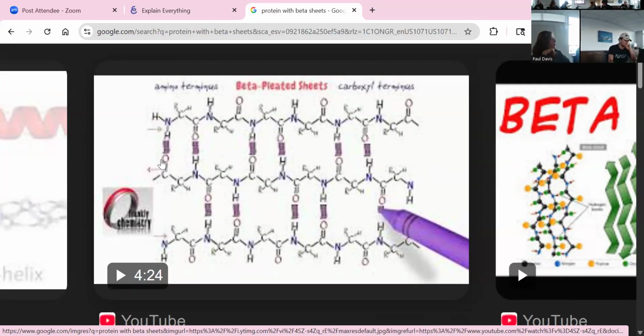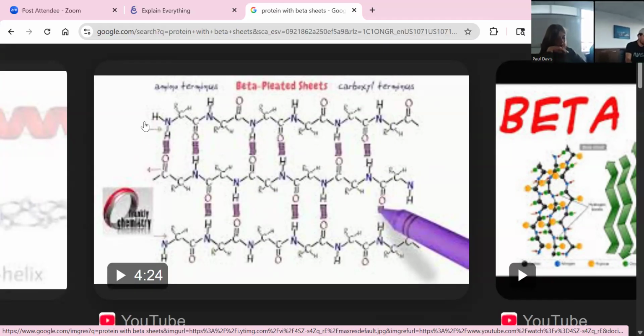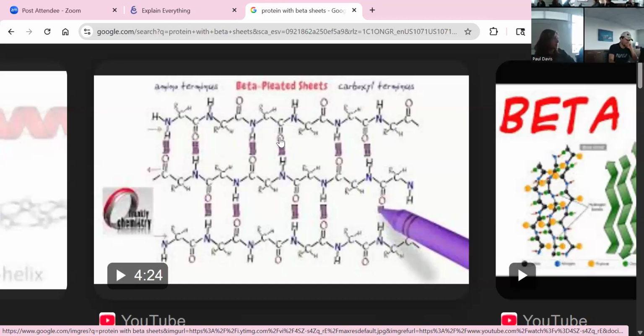This is not involving our R group. This is not involving the hydrogen off of our main carbon. It's only between this oxygen and this hydrogen that it's forming these hydrogen bonds to create either beta sheets or alpha helices.